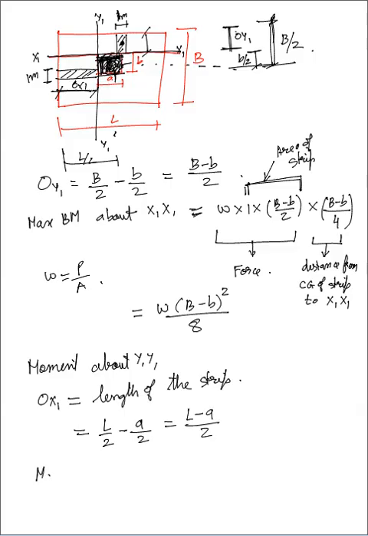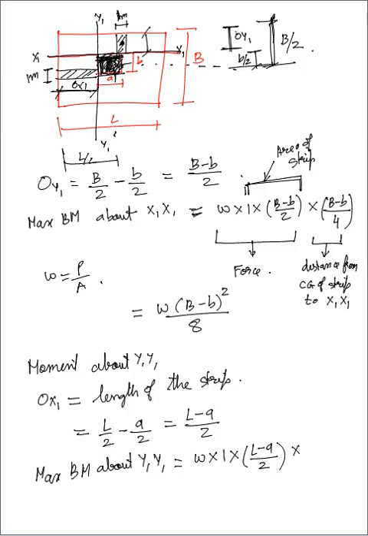So your maximum bending moment about y1, again we have to take the force into distance. The weight of the strip will be w into the area of strip, which is 1 into (L minus a) by 2, multiplied by the CG distance to y1.